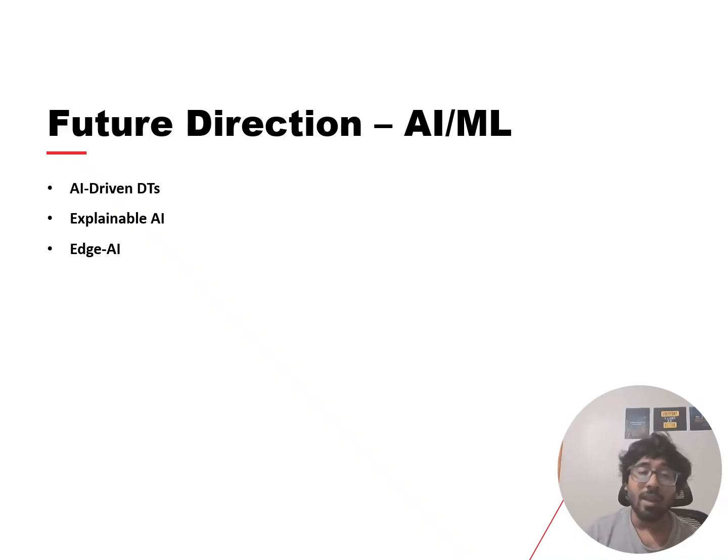Explainable AI is a very promising technology that describes why a decision is being made. Currently in AI and ML, we do not know why a particular decision is coming. Then they talk about AI for V2X and other things.